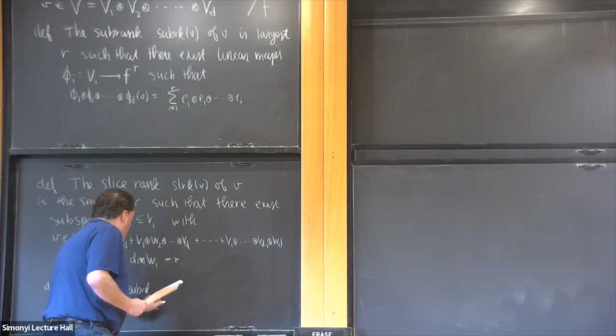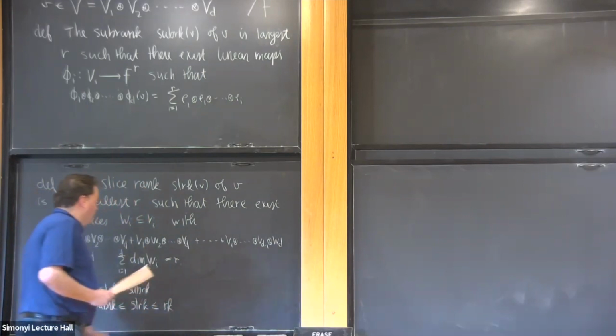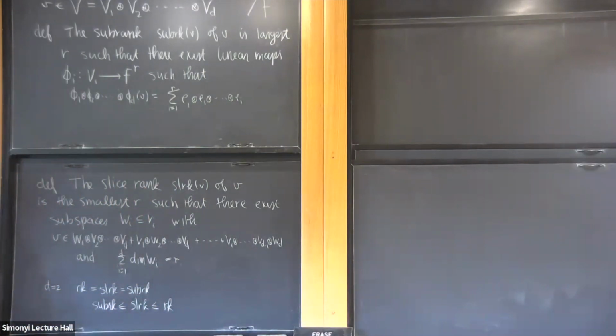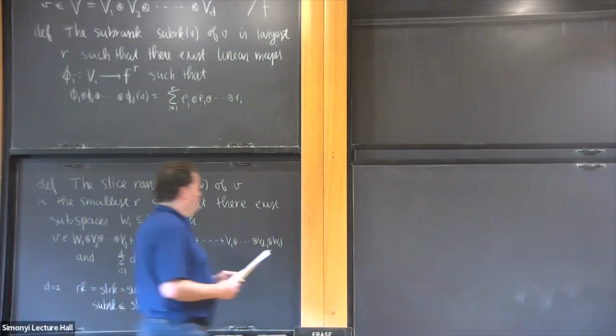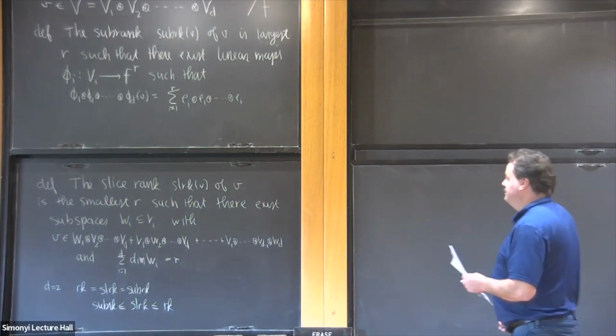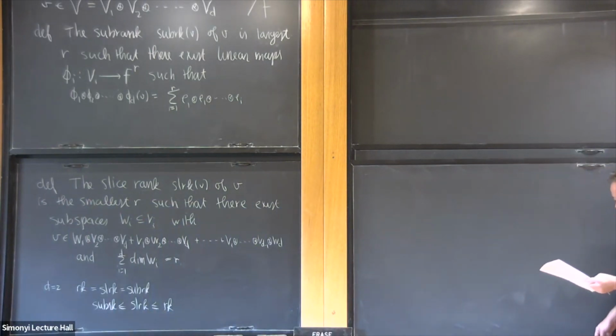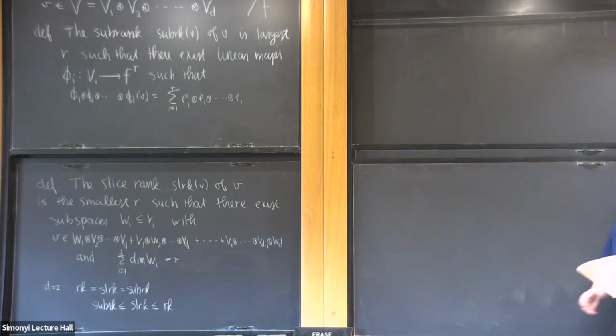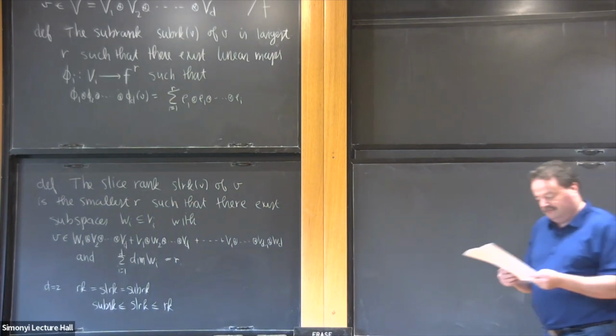And this is less than or equal to, I write here rank, but that's the tensor rank, which I didn't define, and we don't really need for this talk. Okay, so these are the two notions that are important for this talk. And then there's the p-stable rank that I will introduce later.